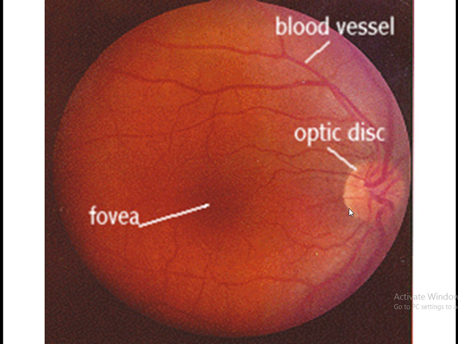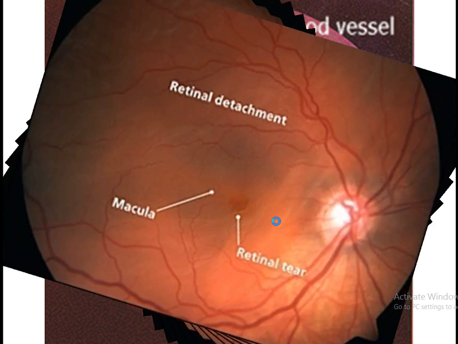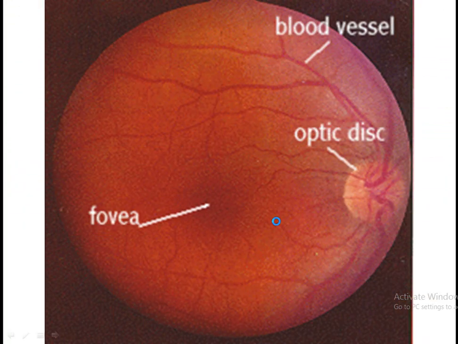And how are you going to diagnose other diseases? Through the condition of the blood vessels present on the retina. Either they are dilated, or you can see any obstruction, any opacity, any hemorrhage, or any other abnormality visualized over the retina through this ophthalmoscope.